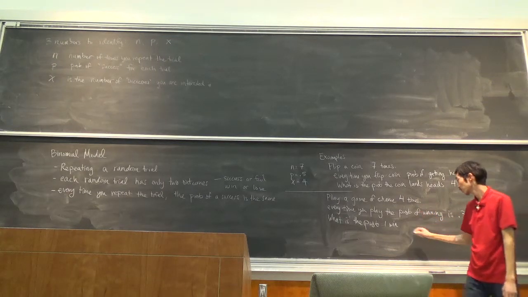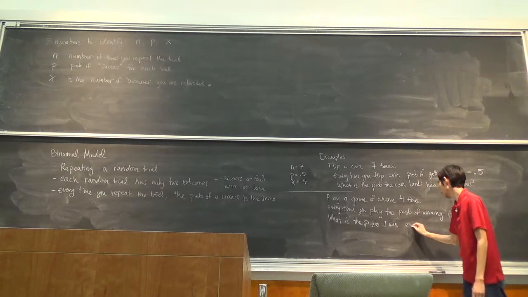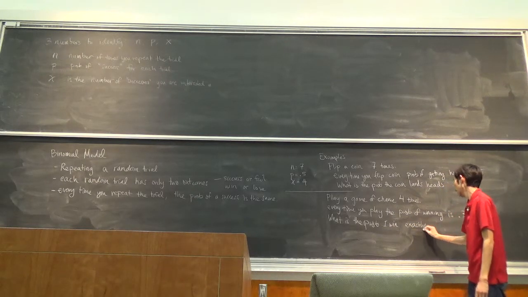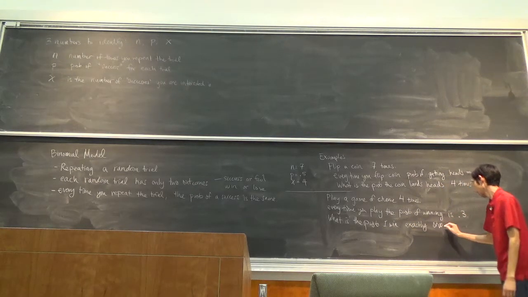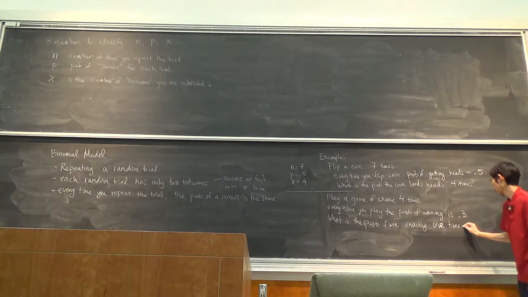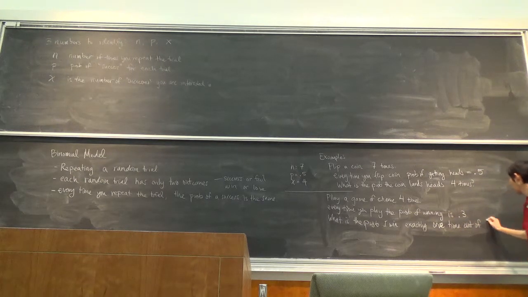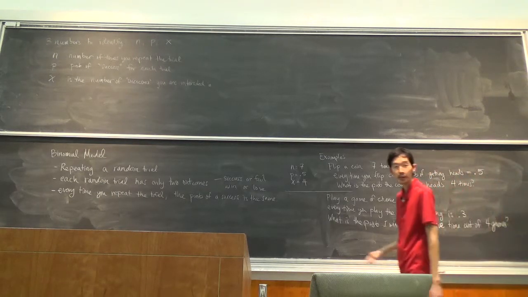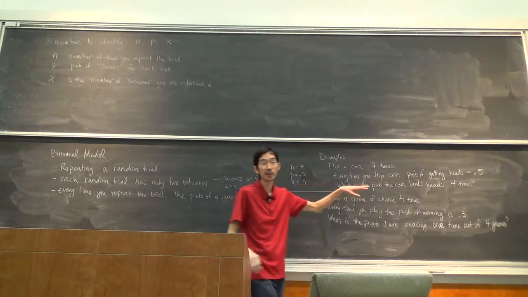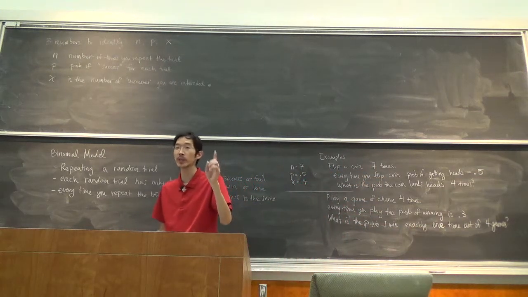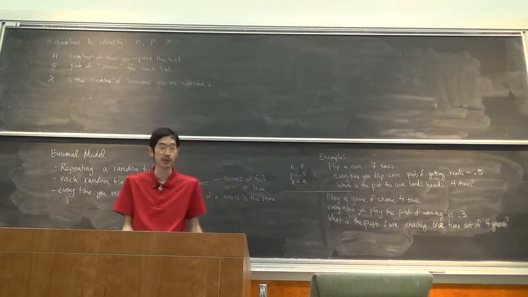What is the probability I win exactly 1 time out of 4 games? Okay? Does that question make sense? I'm playing it 4 times. I want to know what's the probability I'm going to win exactly 1 time out of the 4 games.